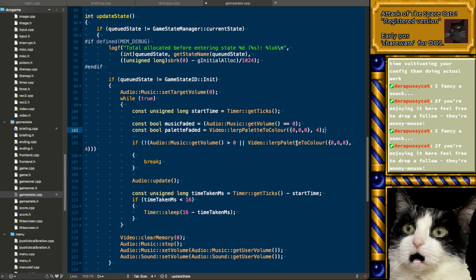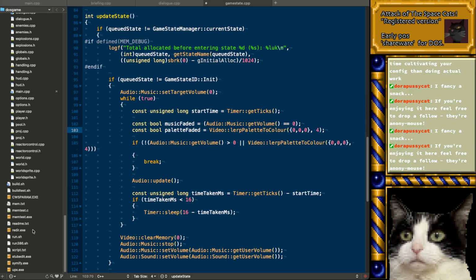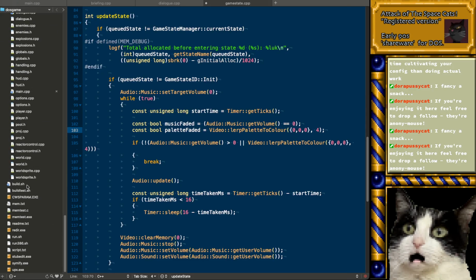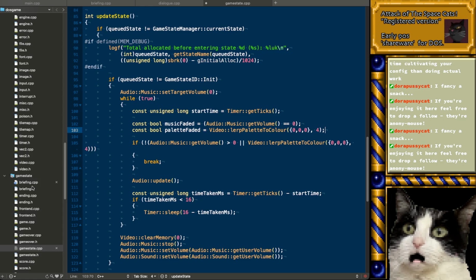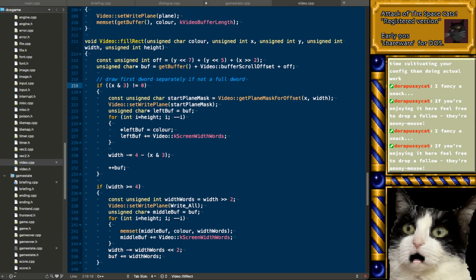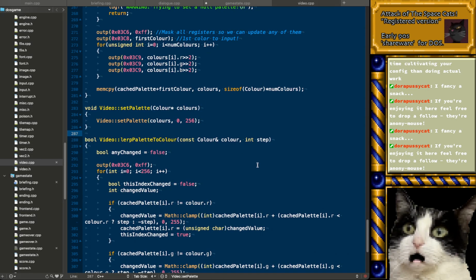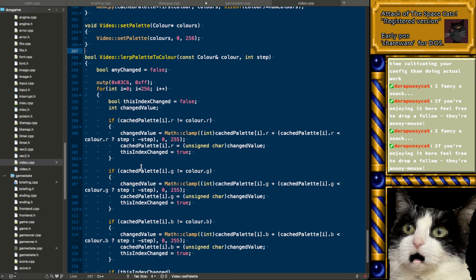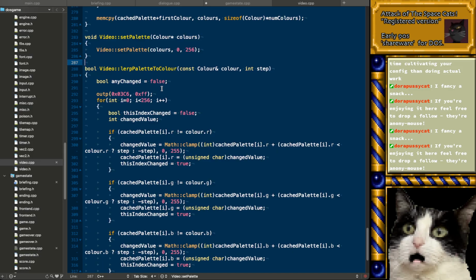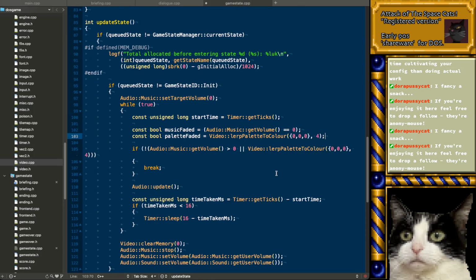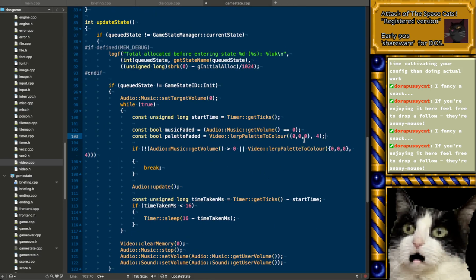So, what do you return? Assume you're returning a value when it's not done. Is that the way around? Palette. It's a bool, okay. And if anything changed, you return true. Okay, so that would be palette faded would be not that.